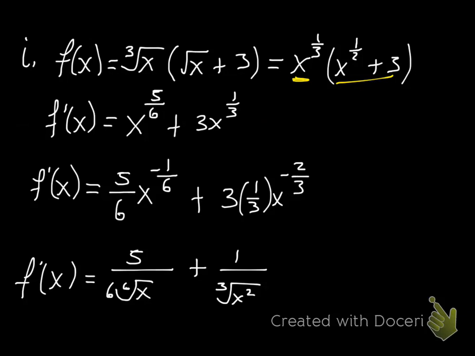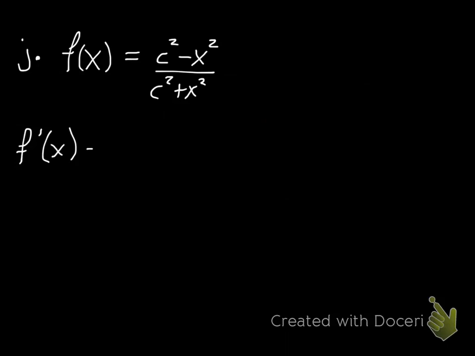Alright, one more example. J. F of x is equal to c squared minus x squared over c squared plus x squared. I think on my handout there may have been a bit of a typo. I don't remember exactly what was different about it, but this is what it should have been. So low function c squared plus x squared, d high.